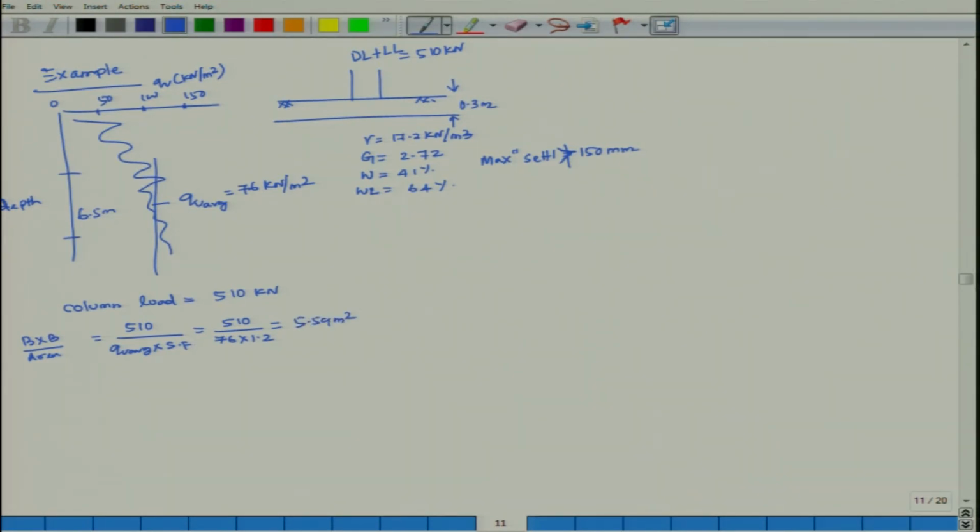Considering 5.59 meter square, take area equal to 2.4 meter by 2.4 meter. So area is 5.76 meter square, which is greater than 5.59 meter square.